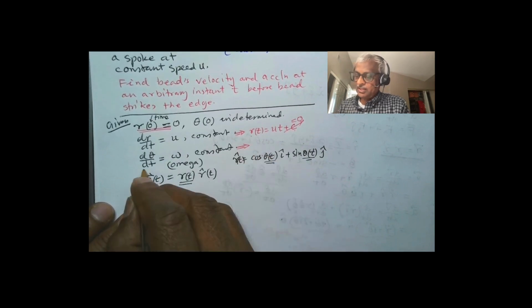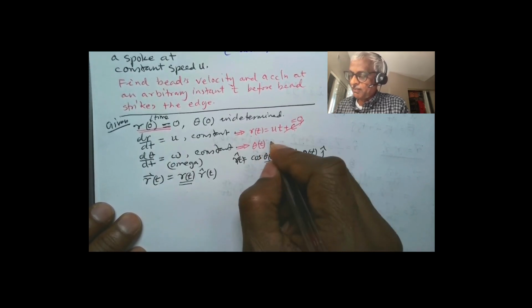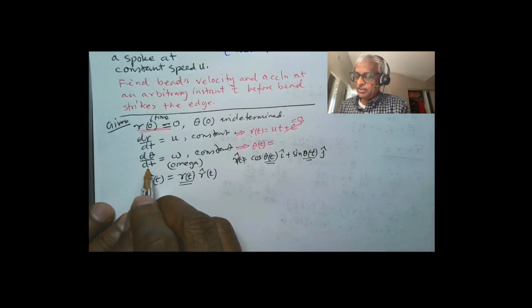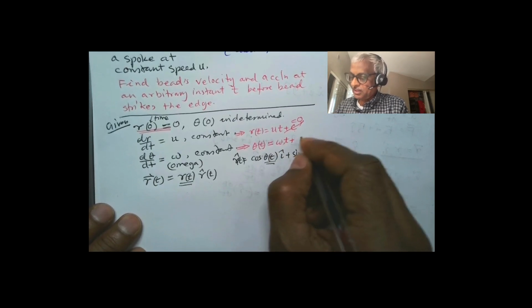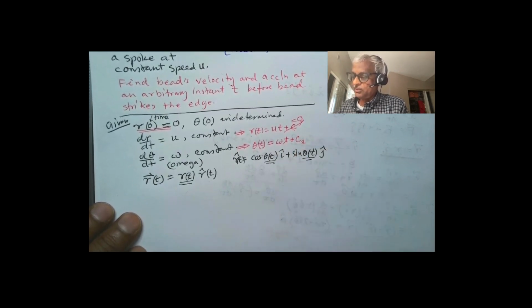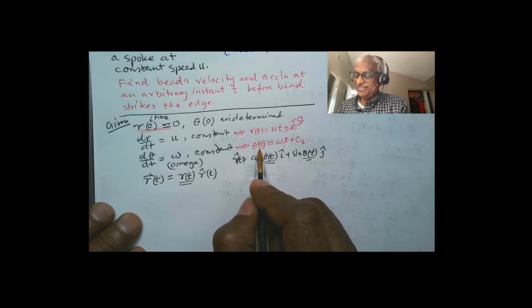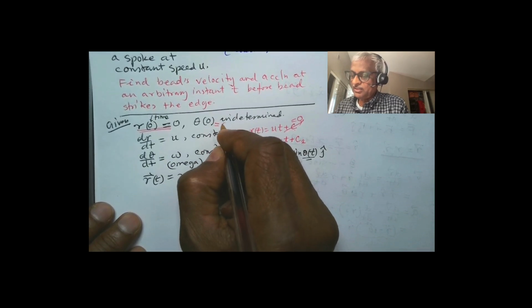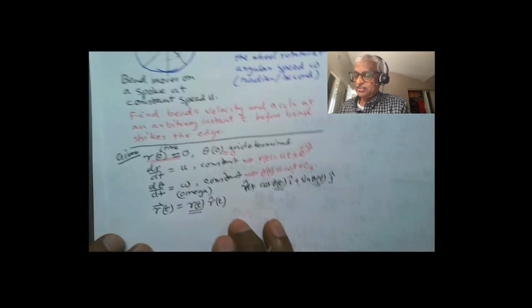This one tells me theta of t is equal to omega t plus some other constant c2. So at t equal to 0, theta is indeterminate, and we can take that to be 0, say infinitesimally along the x-axis.